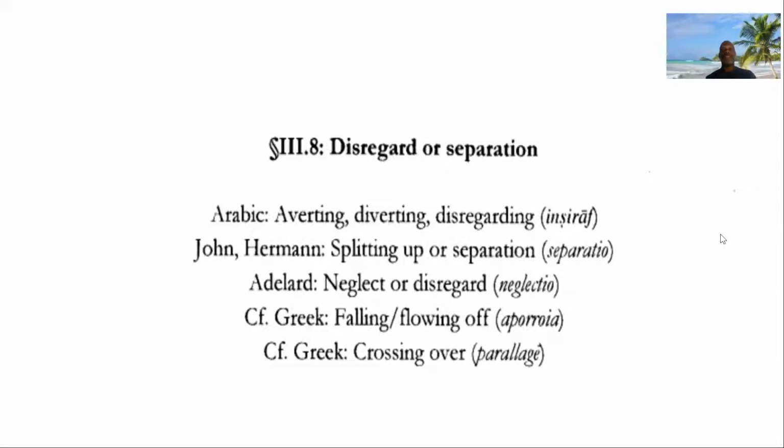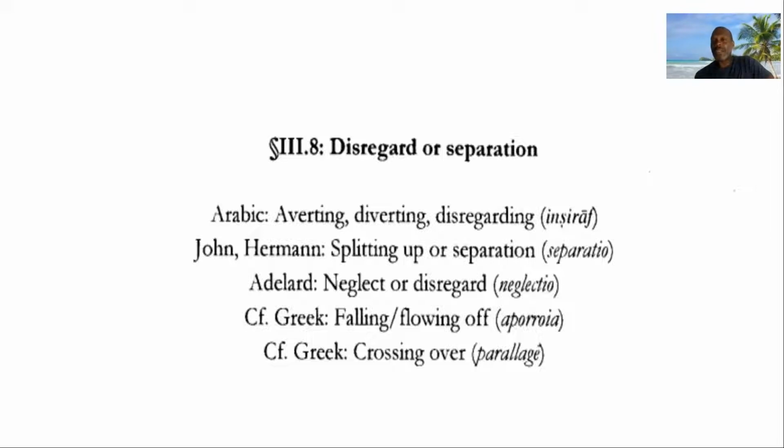Our next one is separation, and notice the term that they use: disregard. So disregard is for separation. Diverting, disregarding, splitting, neglect or disregard: neglectio, separatio, insiraf is the Arabic term, falling or flowing off.